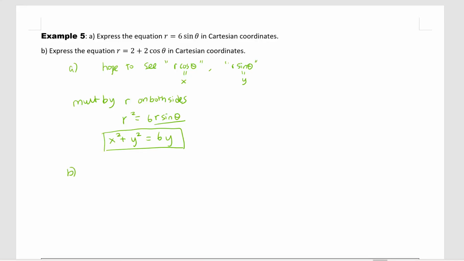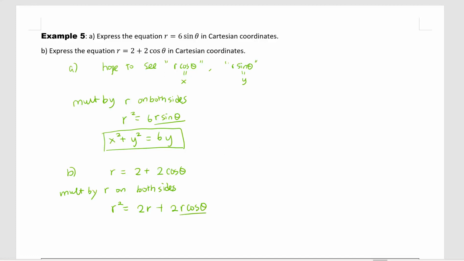Okay, part B, r equals 2 plus 2 cosine theta. So we hope to see r cosine theta, so let's multiply by r on both sides. Then we have r squared equals 2r plus 2r cosine theta.